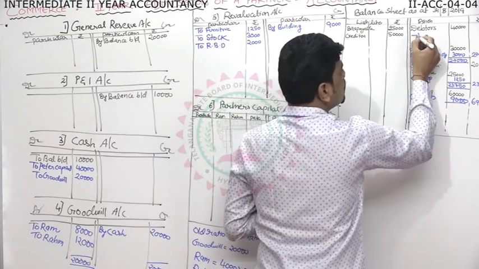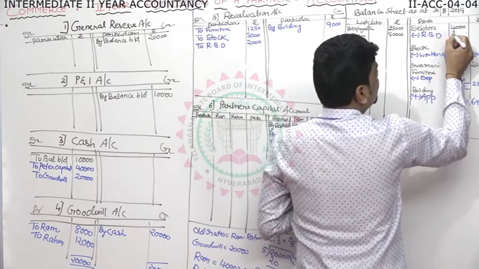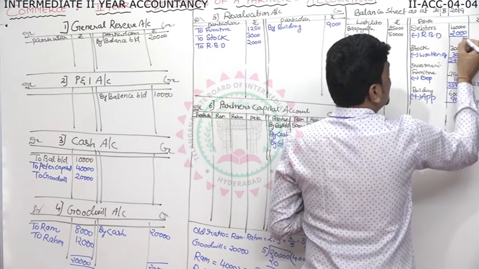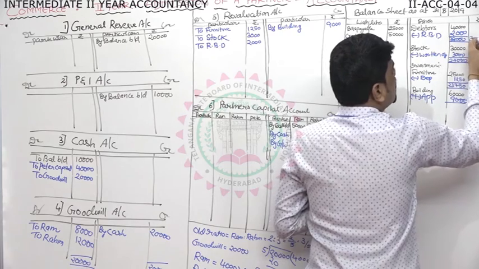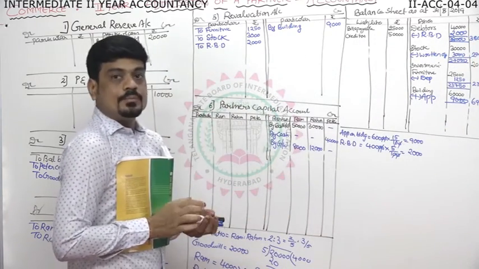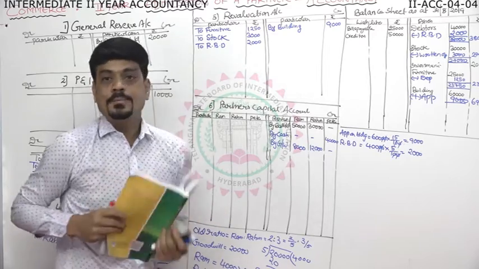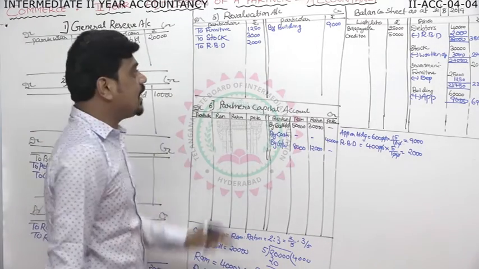Subtract from debtors. Minus RBD amount, 2,000. Again I'll subtract. I'll get 38,000. And this 38,000 I am transferring to the outer column. So all my postings are done.